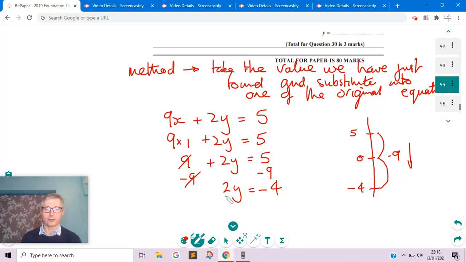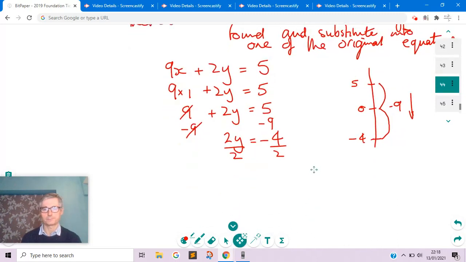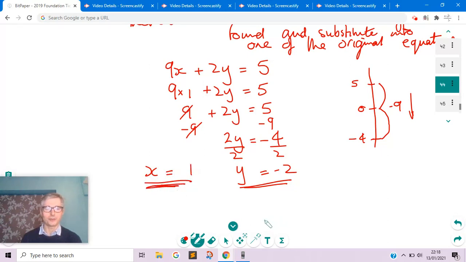We want to get rid of the 2, so we'll just divide both sides by 2, which I can show by using a fraction. And we've got that y is equal to minus 2. So there were our two answers. We got that x was equal to 1, and we got that y was equal to minus 2.